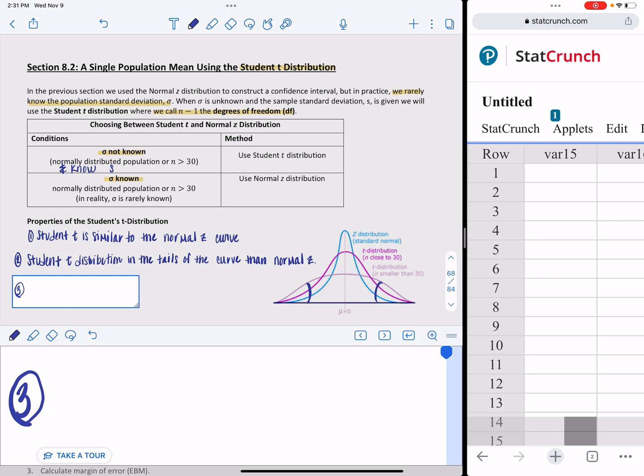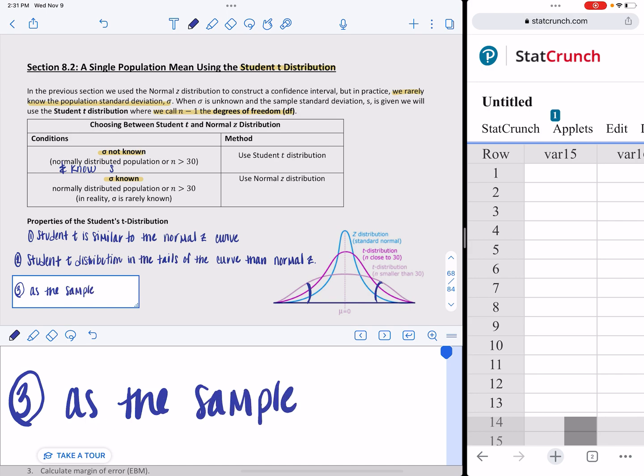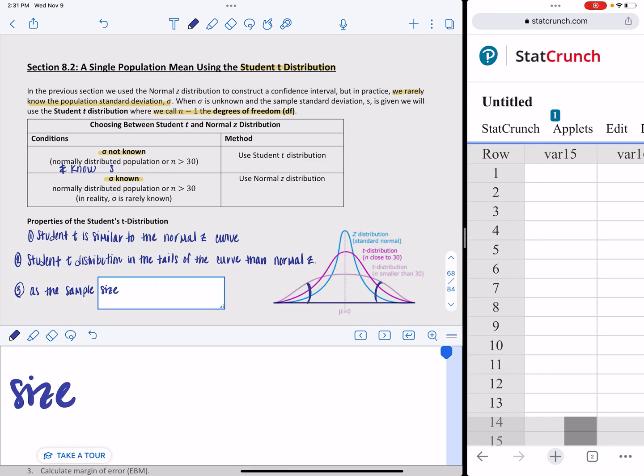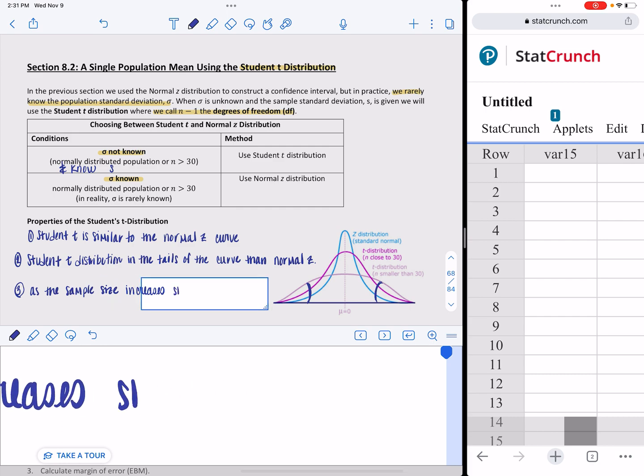And last, as your sample size increases, and by increases we mean really huge, the student t starts to approximate the normal z.